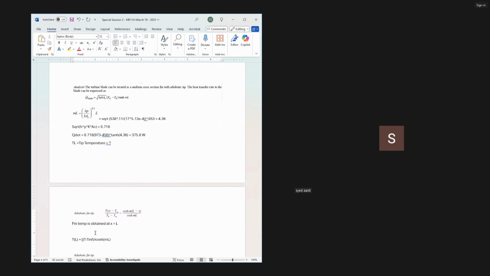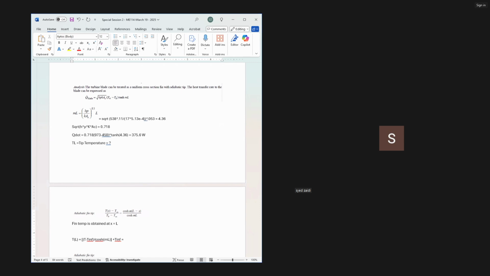And so this is one term, plus T infinity, which will go on the other side and become T infinity. Now you use the values here. You have all the values here.